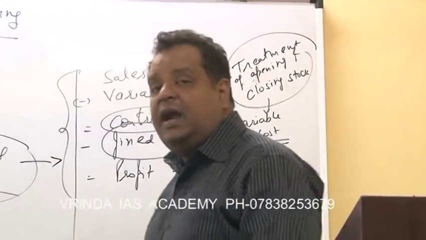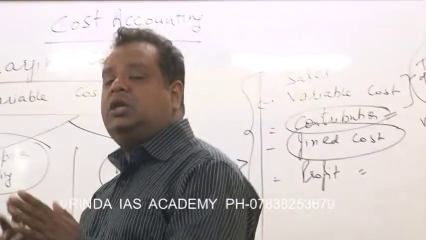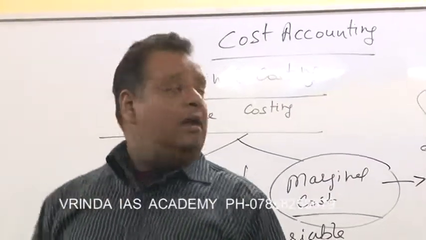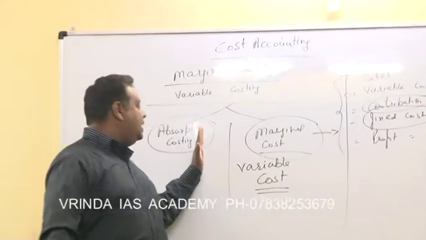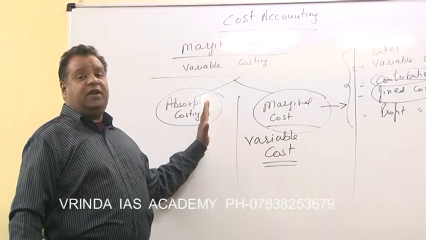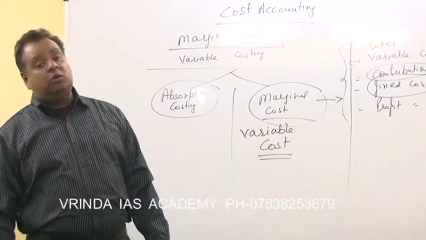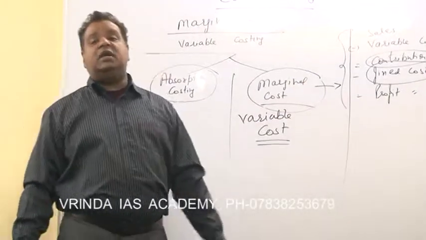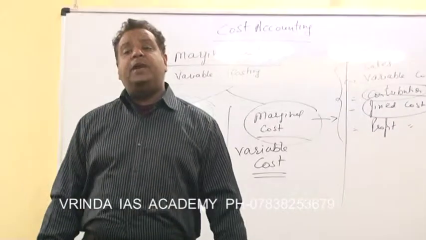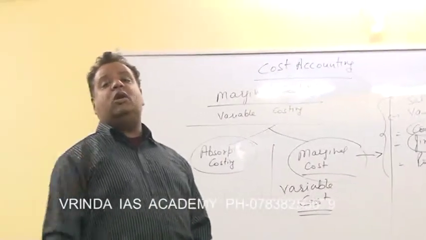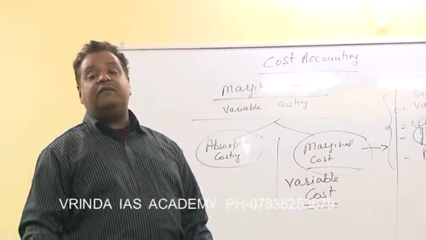But the profit determined from marginal costing and absorption costing are different. Why? Because when we consider the opening and closing stock of finished goods, we have to consider the fixed element also. But in marginal costing, the treatment of opening and closing stock depends only on variable, not fixed.